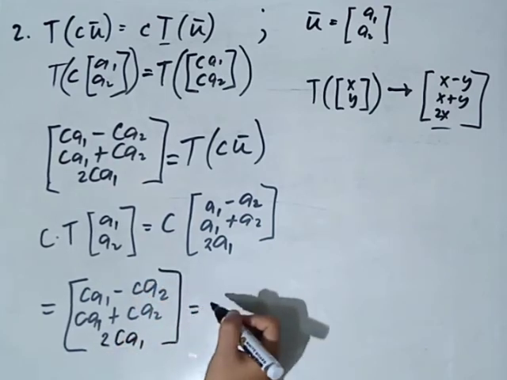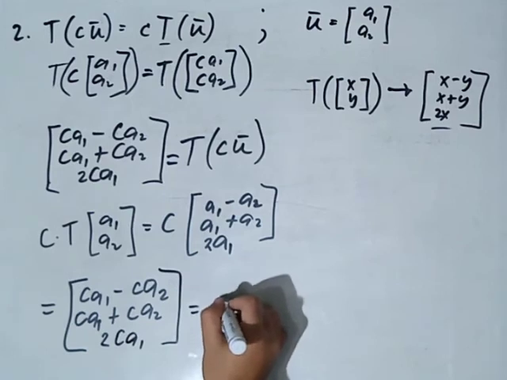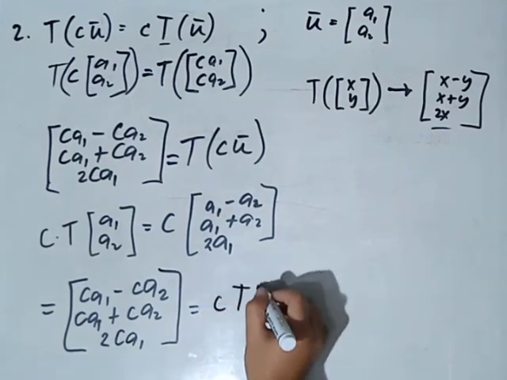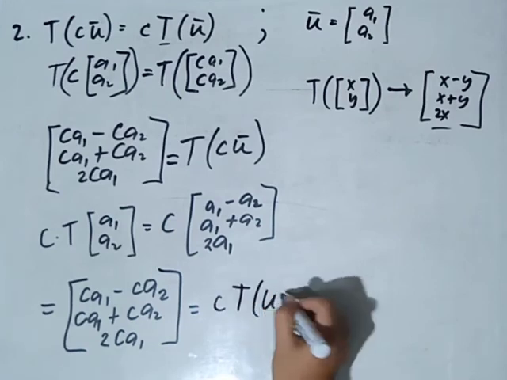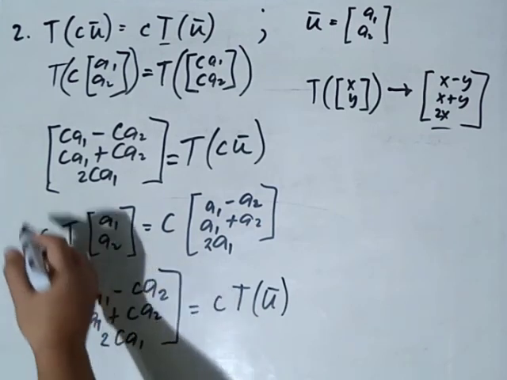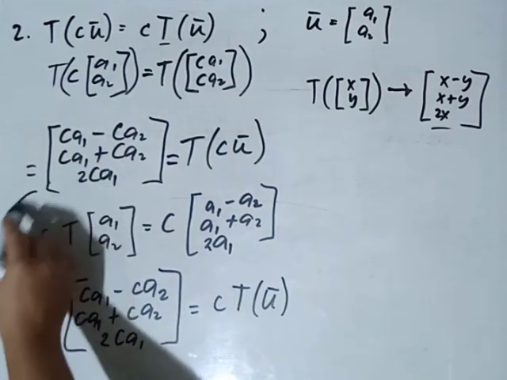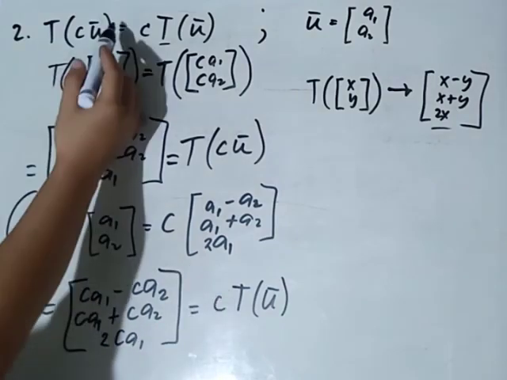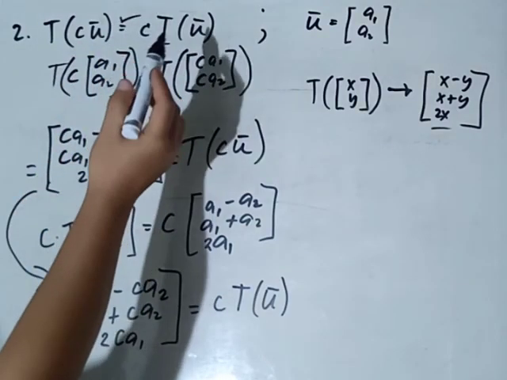And that is the scalar times the transformation of vector u. So what did we notice? We noticed that they have the same components. So that means that the second condition was satisfied.